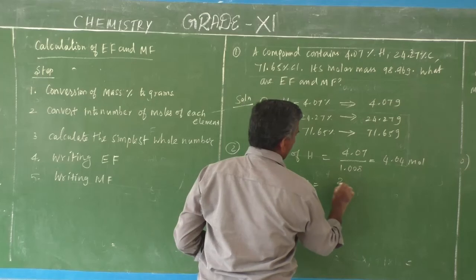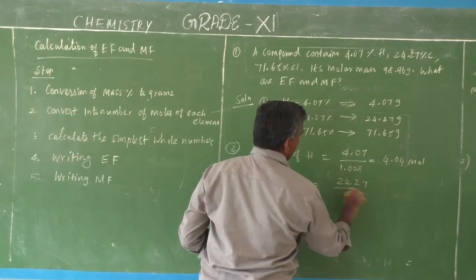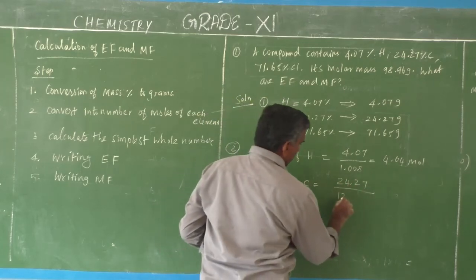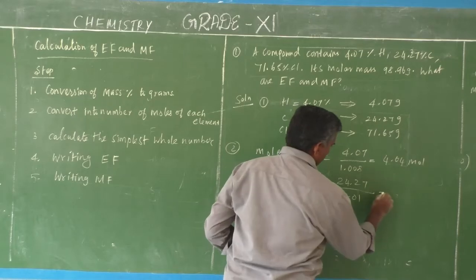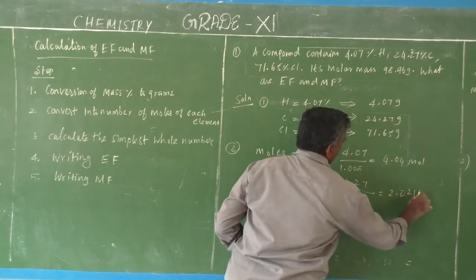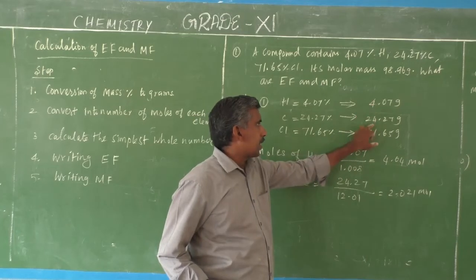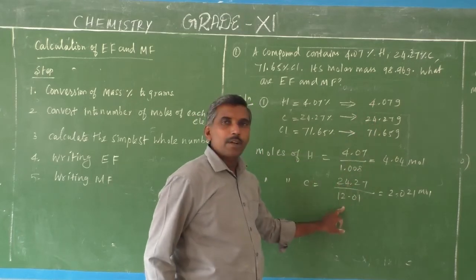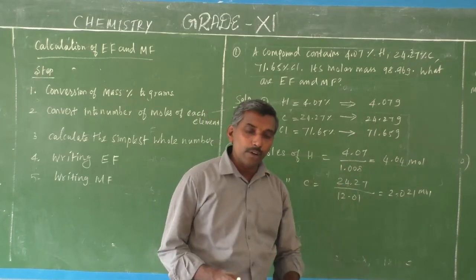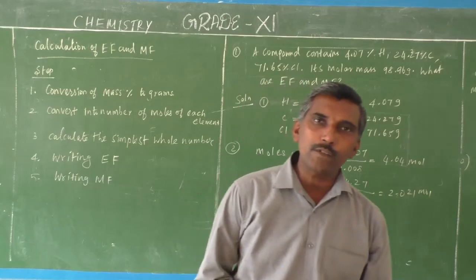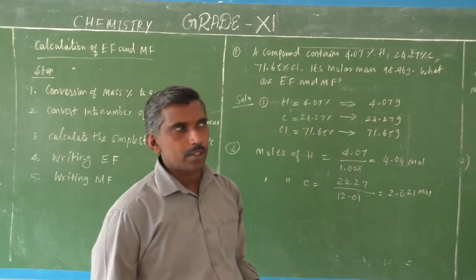Now moles of the next element, carbon. Given mass 24.27, atomic mass 12.01, so 2.021 moles. Already you know the mole formula: given mass divided by atomic mass or molecular mass.